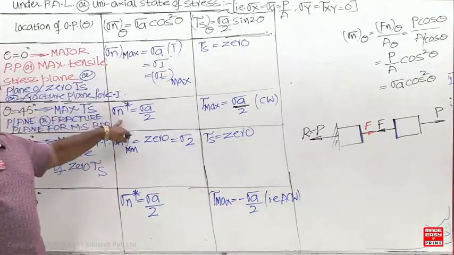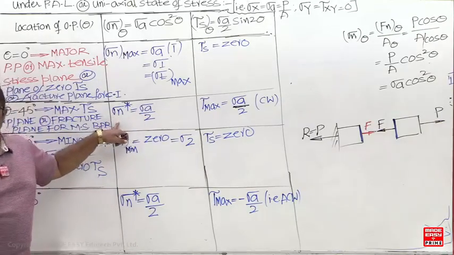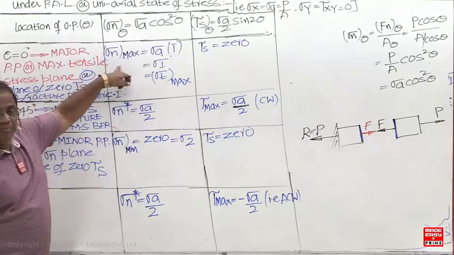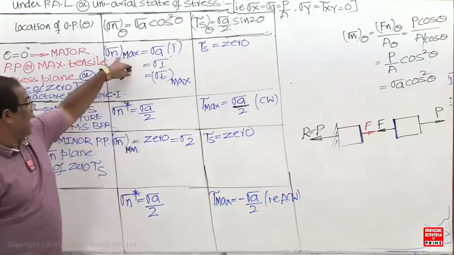Now this is where the normal stress is maximum, minimum, or some amount. On this plane, when shear stress is maximum, normal stress is not 0. But what is the normal stress value? What is the maximum normal stress? Sigma 1. What is the minimum normal stress? 0. So this value is the average of these two.